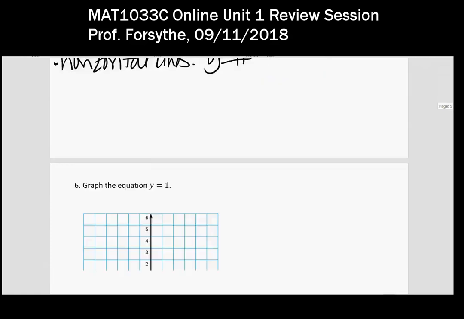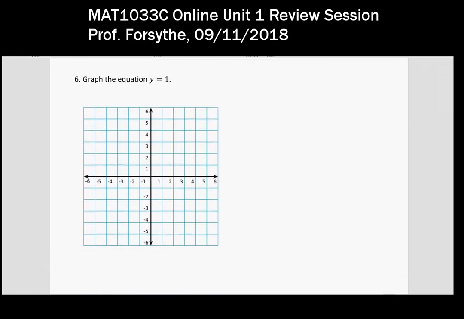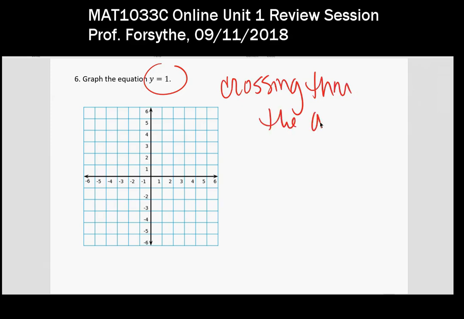Okay. Number 6. Now we're going to graph this equation. So y equals 1. So if it's y equals 1, that means it's crossing through the y-axis. So this is your x-axis.